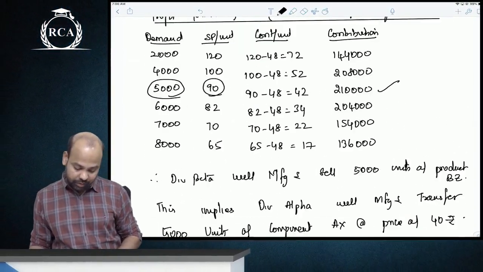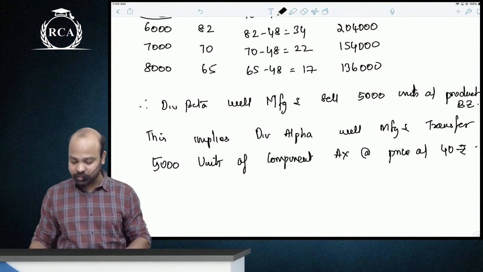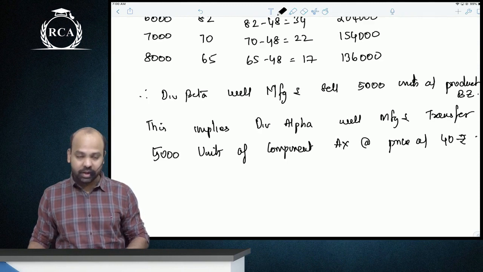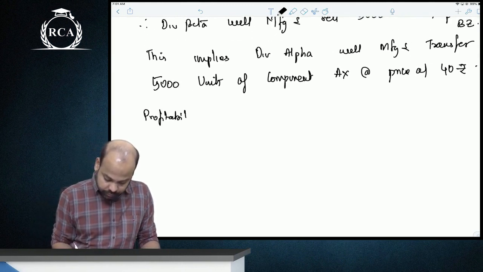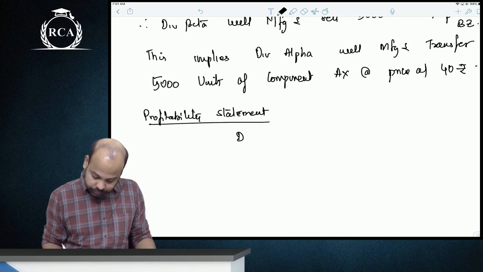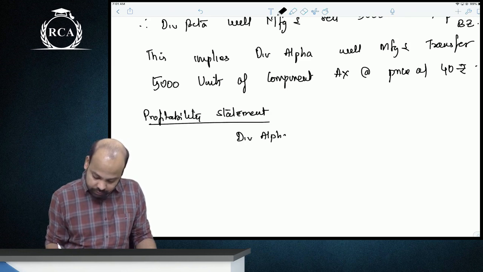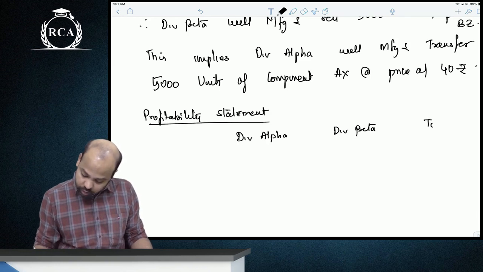Now let us do profitability, guys. Just in case you're not done with it, beta, please pause and copy. Profitability statement, guys. Division alpha, division beta, and total company, guys.